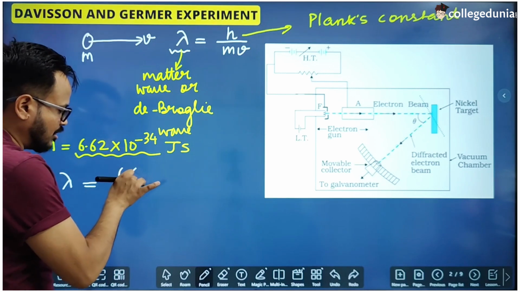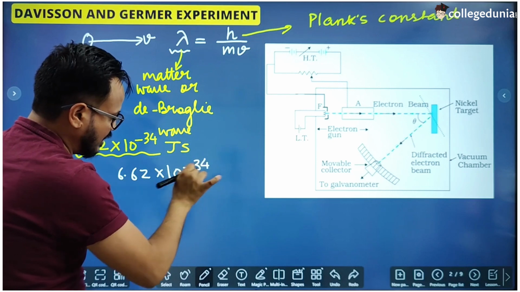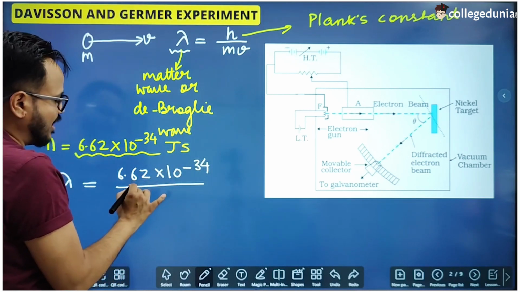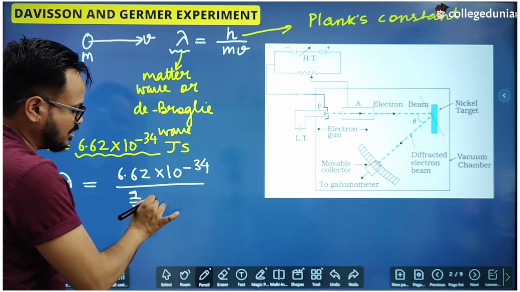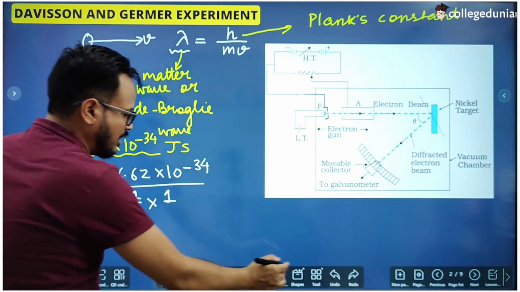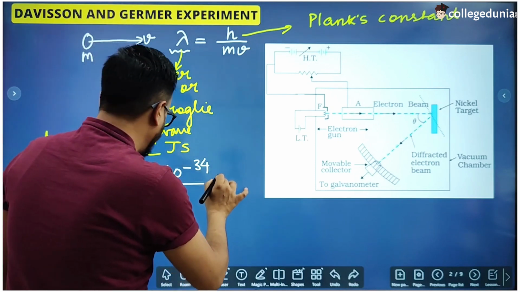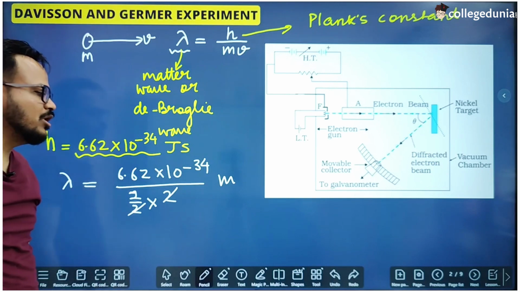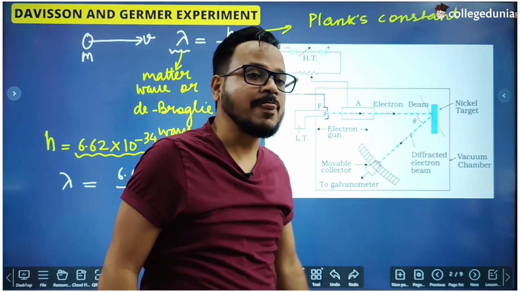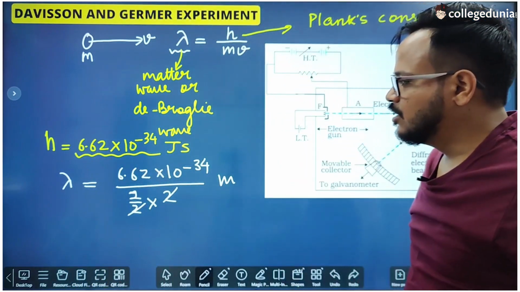So the wavelength associated with the ball will be 6.62 into 10 raised to power minus 34 divided by half into 2. The 2 gets cancelled and the wavelength is 6.62 into 10 raised to power minus 34, which is very small. It cannot be observed.